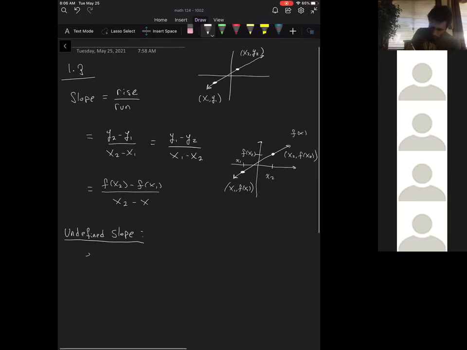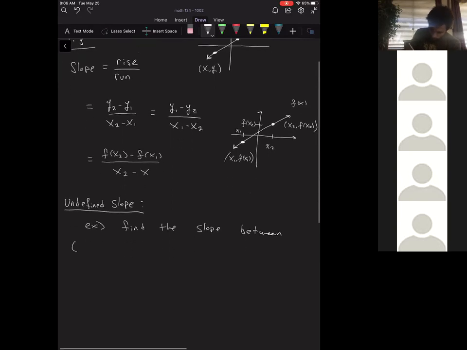So let's say, for example, we want to find the slope between the points 2, 7 and 2, 1. Here's x1, y1, here's x2, y2.